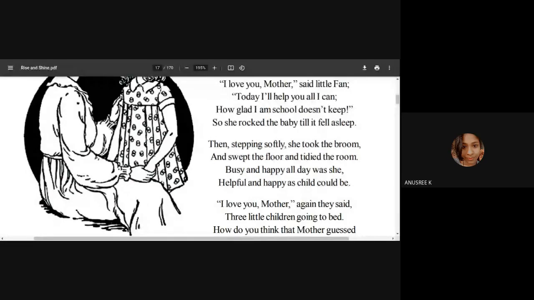I love you, mother, said little Fan. Today I will help you all I can. How glad I am school doesn't keep. So she rocked the baby till it fell asleep.